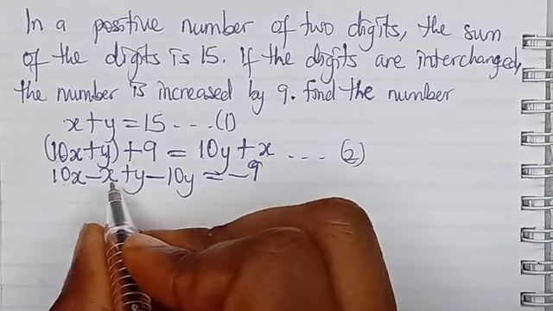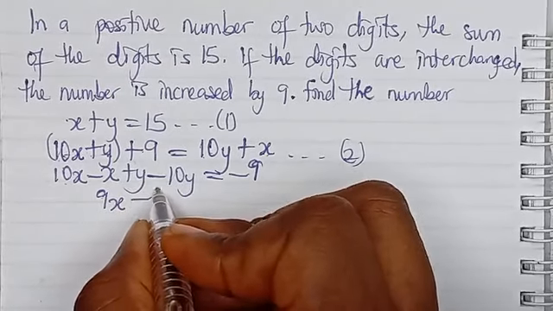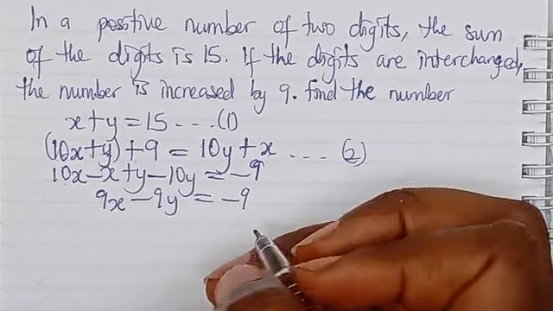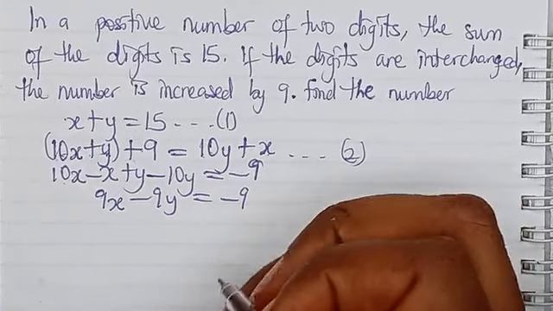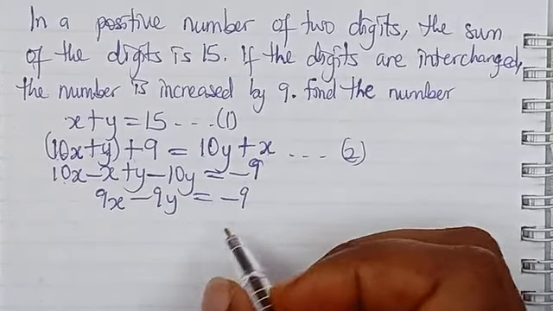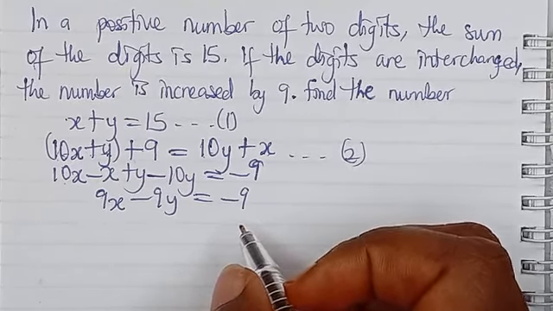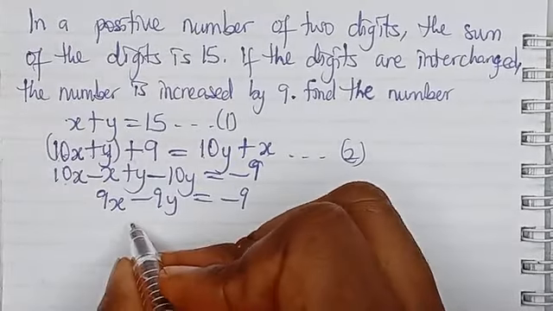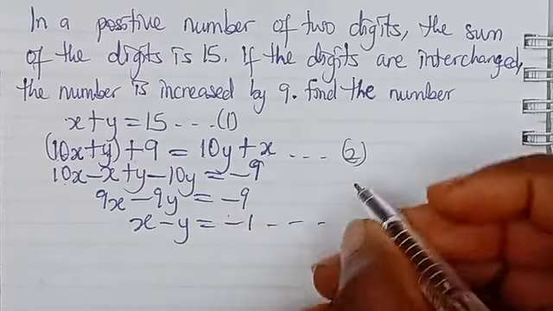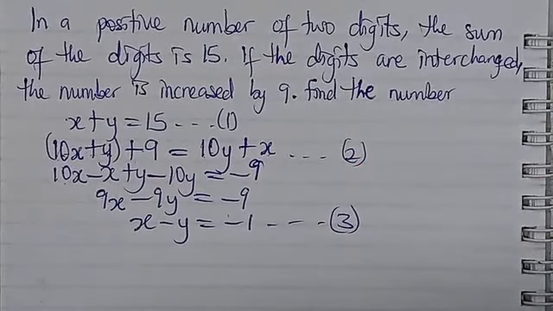So 10x minus x is 9x, plus y minus 10y is minus 9y, and it's equal to minus 9. Now everything in this equation can be divided by 9, so as to have a simplified equation. When you do the same thing to every part of the equation, you've not really changed the equation. It still remains authentic. So we divide all through by 9 to find that x minus y is equal to minus 1. This forms our equation 3, the arranged form of equation 2.